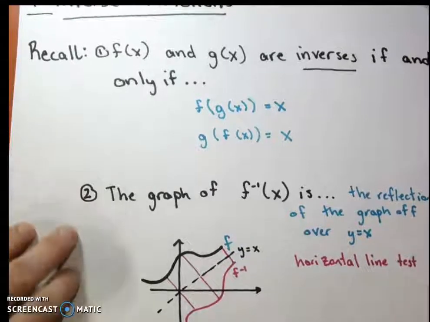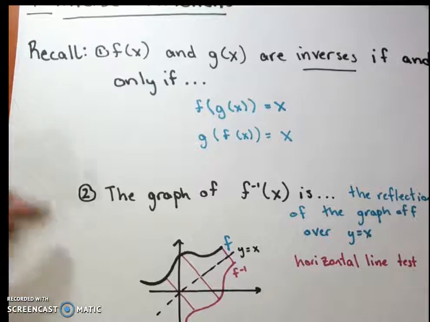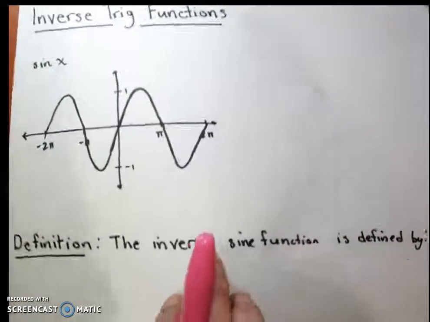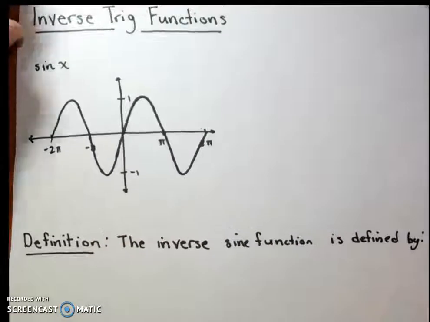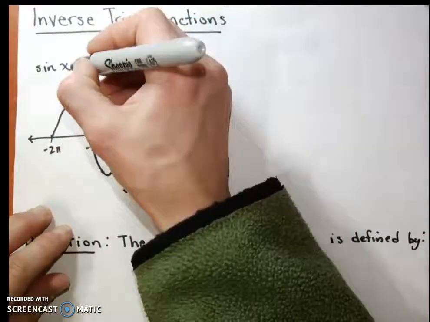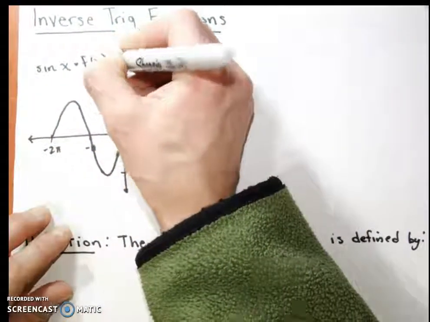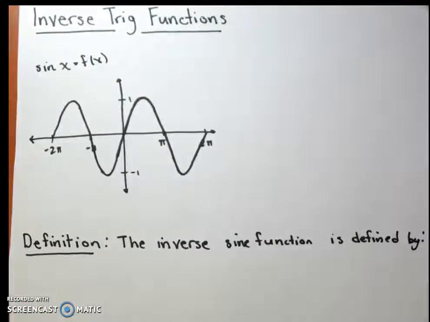So now let's apply these concepts to the inverse trig functions. We're going to start out by looking at the graph of sine of x. So sine of x is playing the role of our function f of x, and we want to find its inverse. So how are we going to do this?